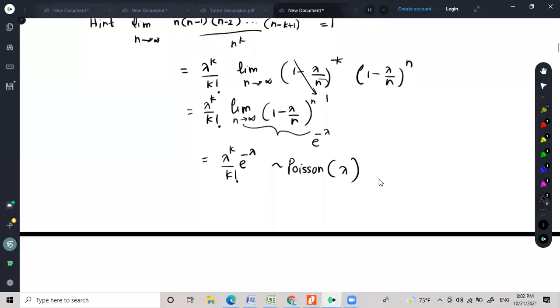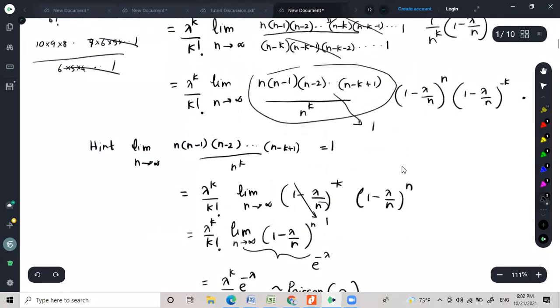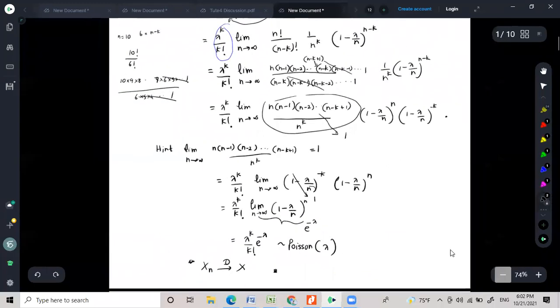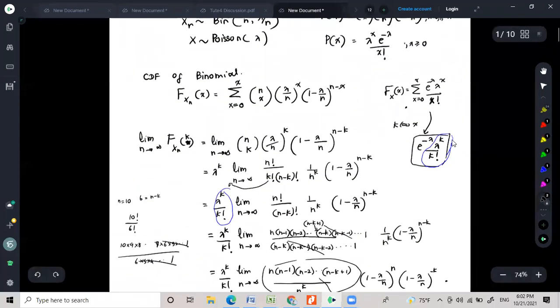Okay, so that's it. So you have X_n converging in distribution to X. Now, the thing that you have to understand in a question like this is you have to look at the starting point and the ending point, and somehow you have to make arrangements in between in your proof or in your limit.